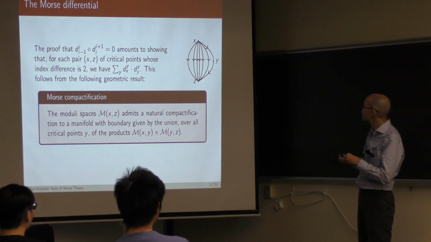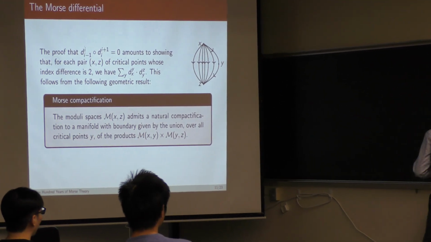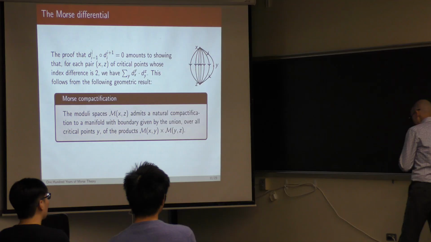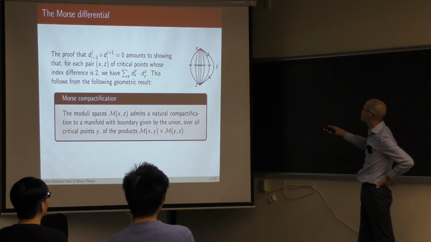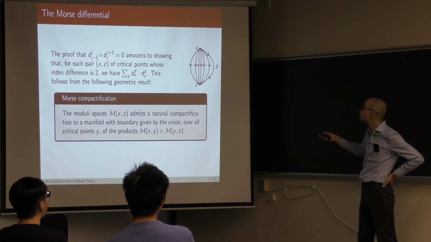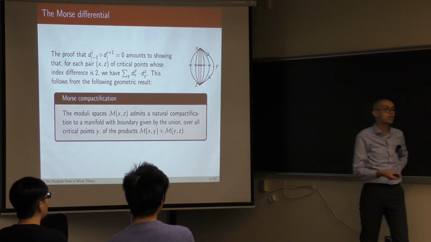More precisely, some kind of compactification of it, where instead of just taking flow lines from x to z, I allow myself to stop at y and continue. So this is called the moduli space of broken trajectories.